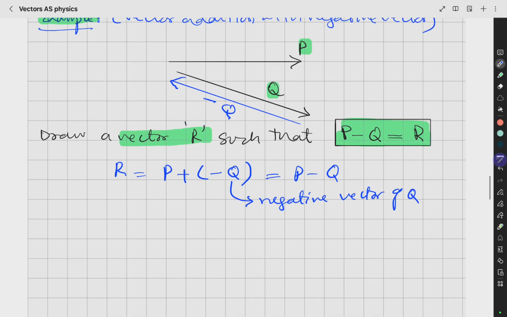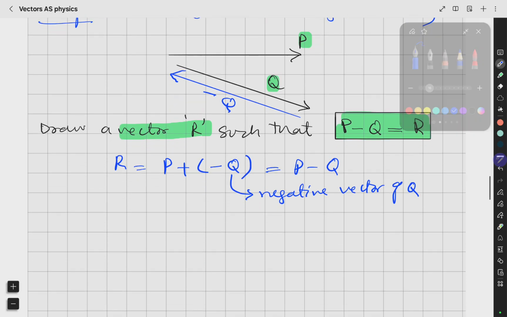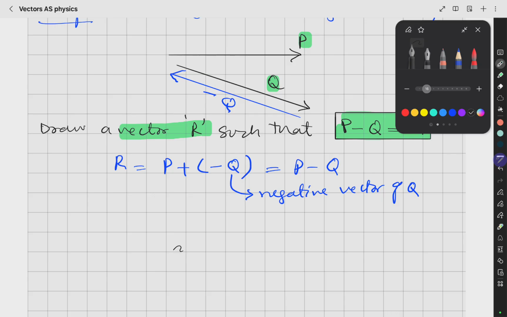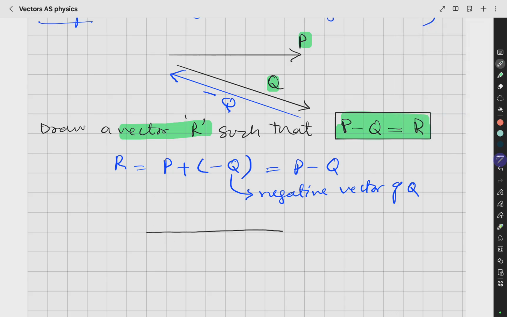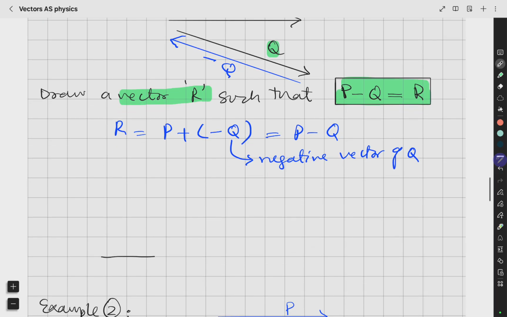So what you do is you just add them. How do you add them? Let's say this is your vector P. Sorry, I have to draw it somewhere else because that vector is pointing upward. So this is your vector P and you have to draw your vector Q. The vector Q will be in that direction, actually negative Q. As they are in head to tail rule, that's why you add them.